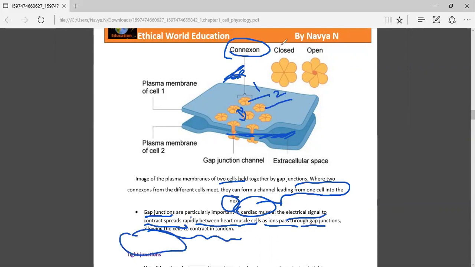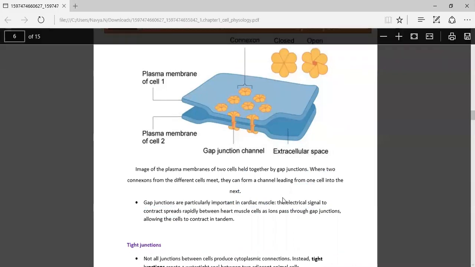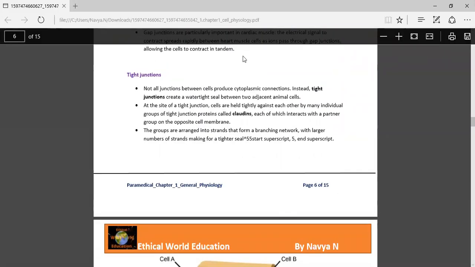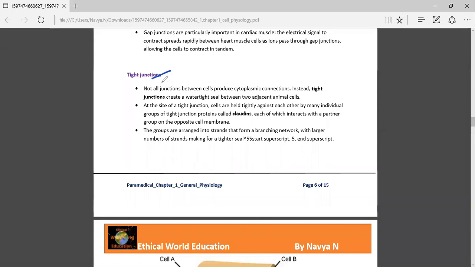And next we have the tight junction. The tight junction is used to create a watertight seal between two adjacent animal cells. The cells are held very tightly against each other by many individual tight junction proteins called claudins, each of which interacts with a partner on the opposite cell membrane.